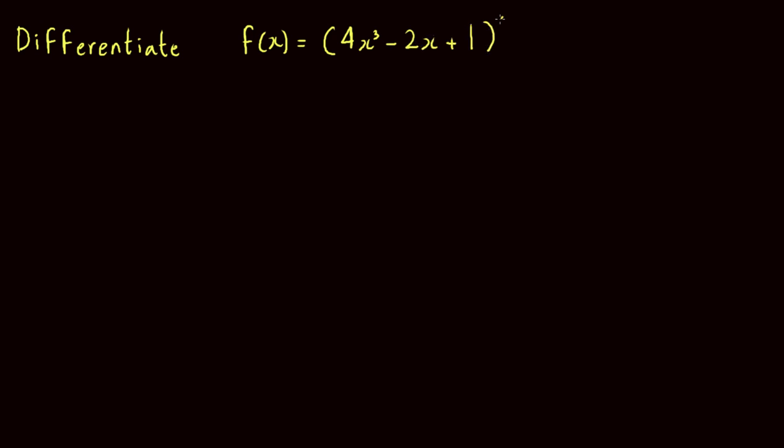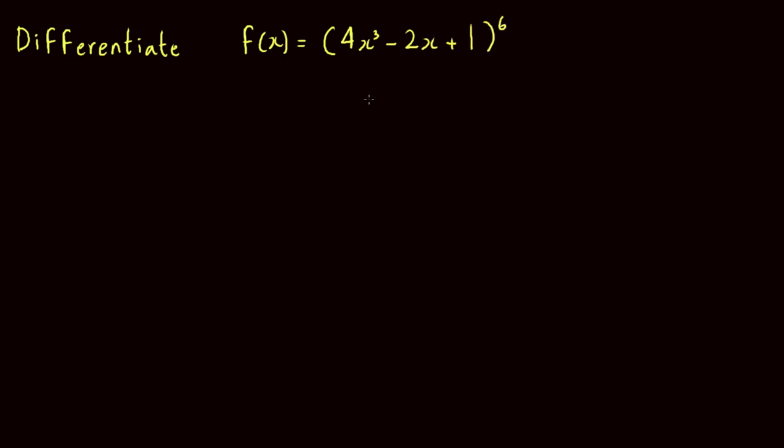So our first question is to differentiate the function f(x) equals (4x cubed minus 2x plus 1) to the power of 6.